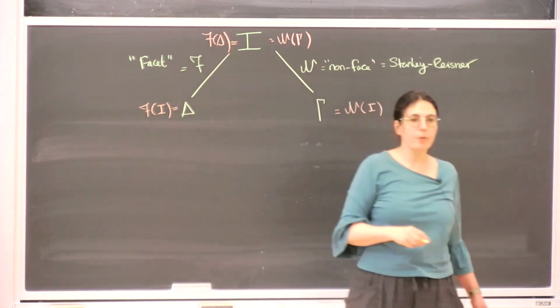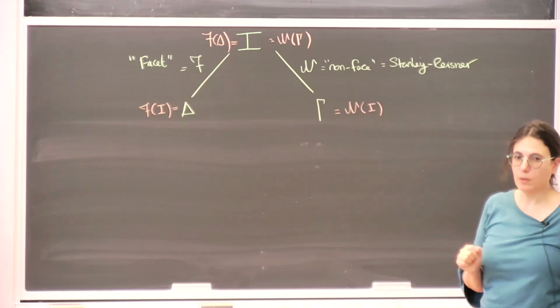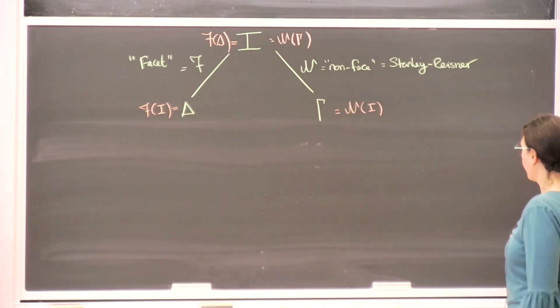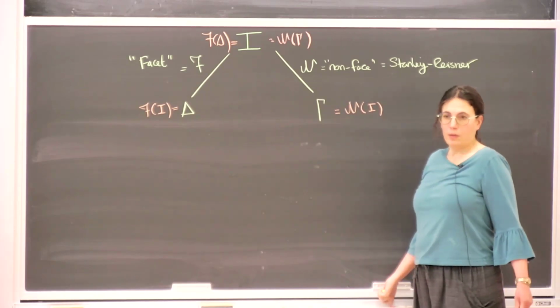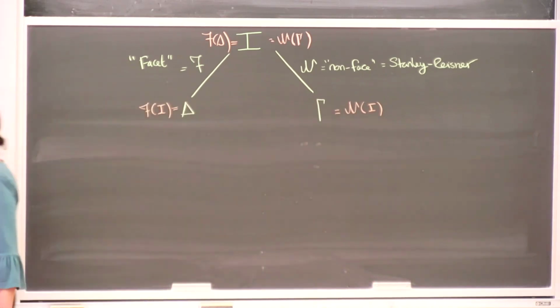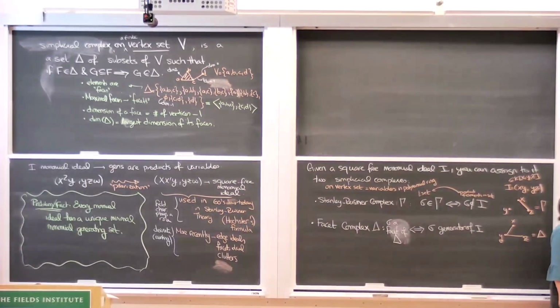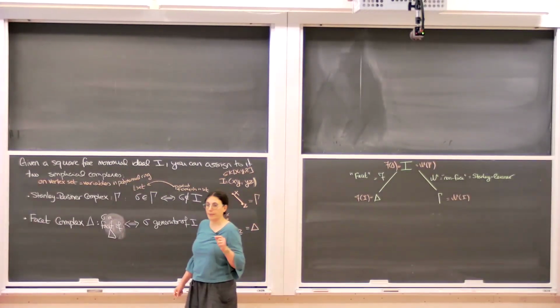You use the same operator because it's a one-to-one correspondence. My goal is to complete this diagram hopefully today. When I complete this diagram, I want to end up with the Alexander dual of I.